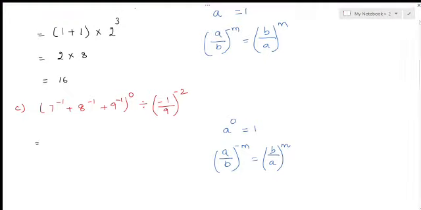So the first part will give us 1 divided by (minus 1 by 9) whole power minus 2. So take the reciprocal of the number, that is (minus 9) whole square. 1 divided by (minus 9) whole square, which is 81, is equal to 1 by 81.